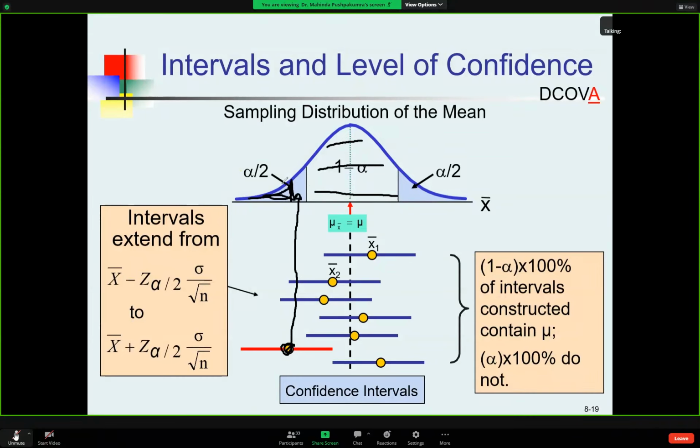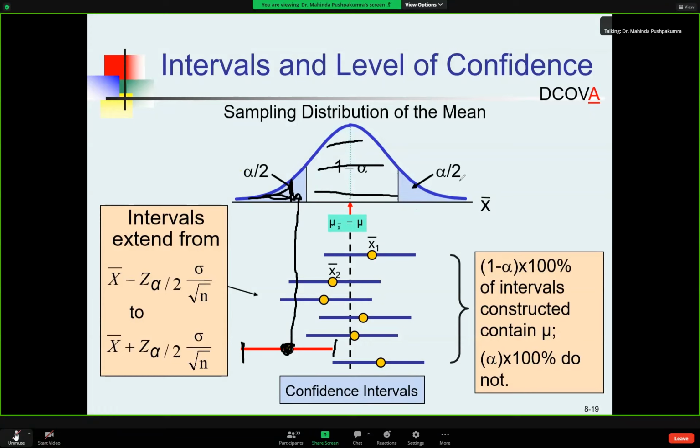There is a very small chance you have a sample with a sample mean like this. It is far away from the population mean. Then if you construct a confidence interval based on this sample mean, your statement is wrong. But the probability of making this type of mistake is very low.